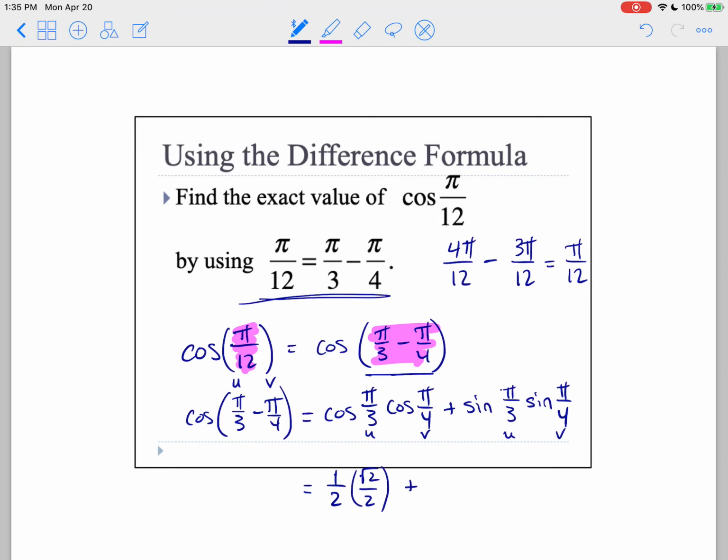And then sine of pi over 3, since I'm higher up than I am to the right, this is my root 3 over 2. And sine of pi over 4 is root 2 over 2. Okay? And so this becomes root 2 over 4 plus root 6 over 4, which I can write as root 2 plus root 6 all over 4. And that's actually my final answer right there.